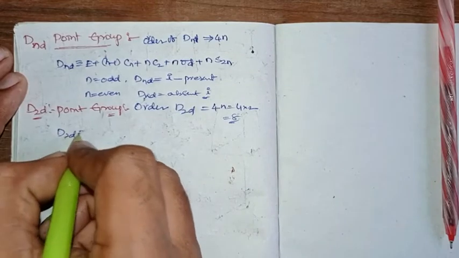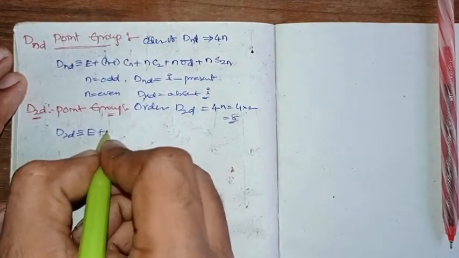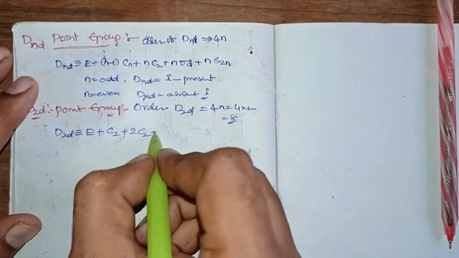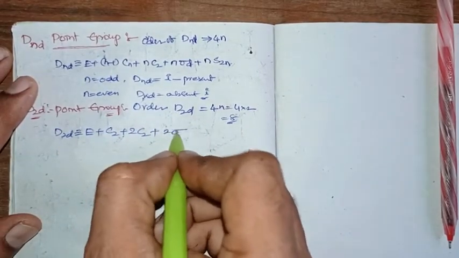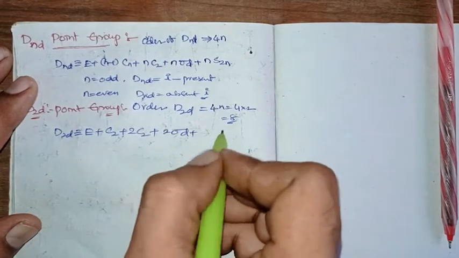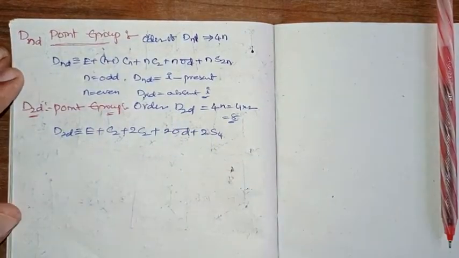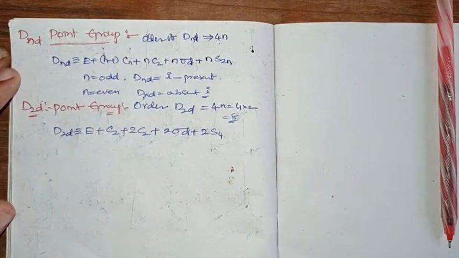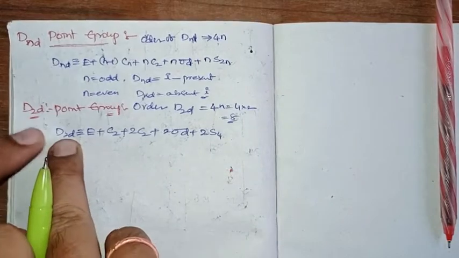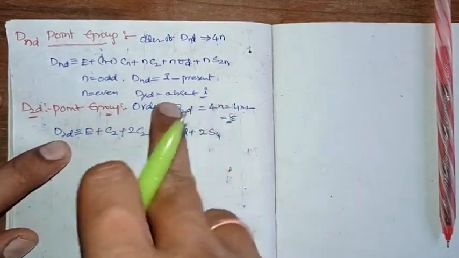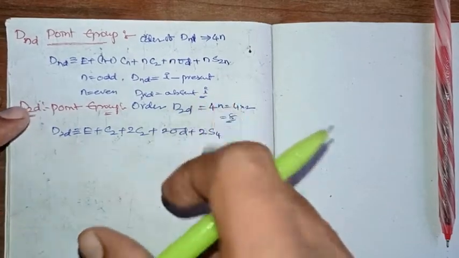So the D2d point group elements are E, plus C2, plus 2 secondary axes, plus 2 sigma d's, plus 2 S4s. It will never have an inversion center because n is an even number. 2 is an even number, so there will be an absence of inversion center.